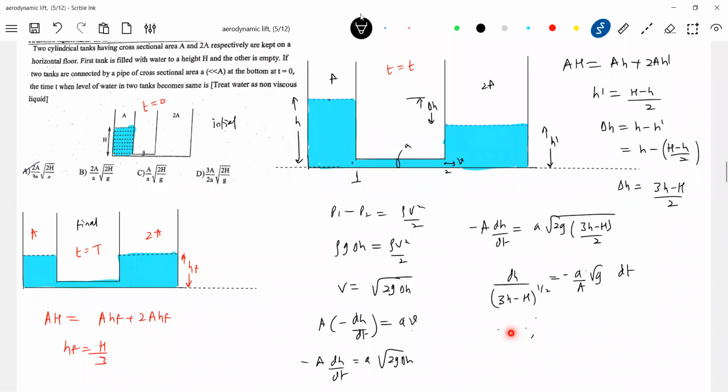We have to take the integration like this only. Anybody, the limits? At t equals 0, what is the level of the liquid in the left container? H. After some time t, it has become h by 3. I'll write the answer. Later on, you check the limits and integration method. I'll go for the next concept.